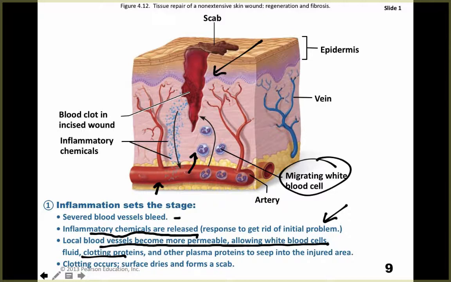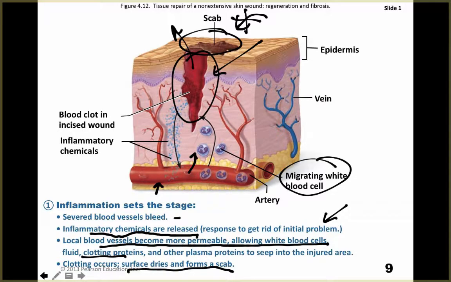It's also going to allow all kinds of proteins and clotting proteins to get there. You want the clotting proteins because you want that scab to form on the top, right? If you can form that scab, it's stopping blood loss, but more importantly, it stops things from being able to get in. So clotting is going to occur there, and it's going to dry on the surface, form a scab, so then we can end up fixing all this area that's right underneath it.